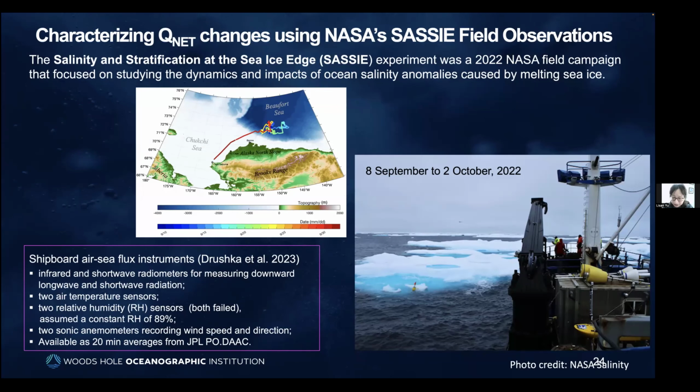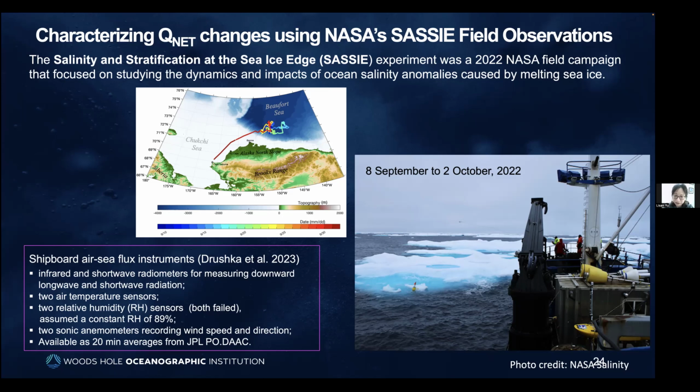So we have observations, but in situ observations in the Arctic Ocean are really rare. But the good thing is we have a recent NASA program, the field campaign SASSIE, about salinity and stratification, and the SASSIE experiment was conducted from early September to early October, focusing on the dynamic impact of salinity anomalies caused by melting sea ice.